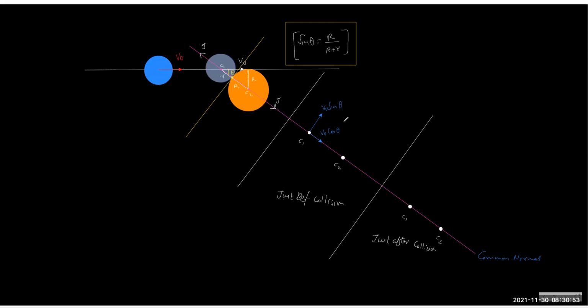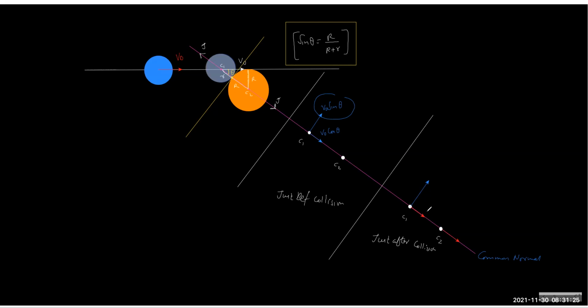And once the impact will occur, this component, because it is at right angle to the impact, will remain as such. And because of the impact, the component along this direction will be different. And the other particle will get the impact this way, so it will only move this way.